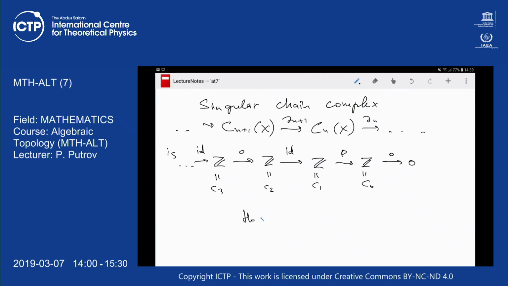So in particular, for H0 the kernel will be the whole C0, and the image is trivial, right?